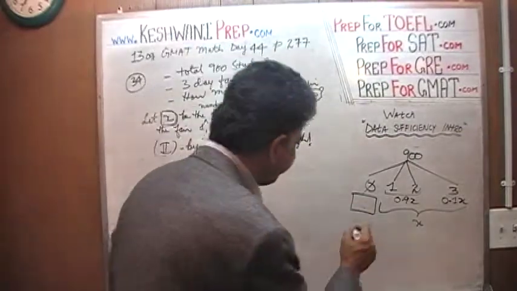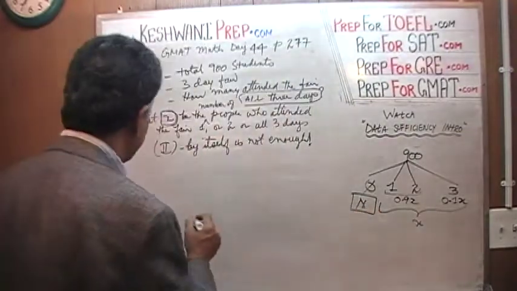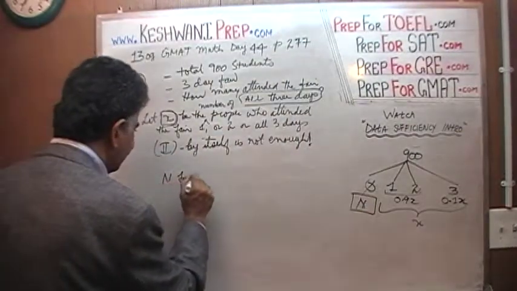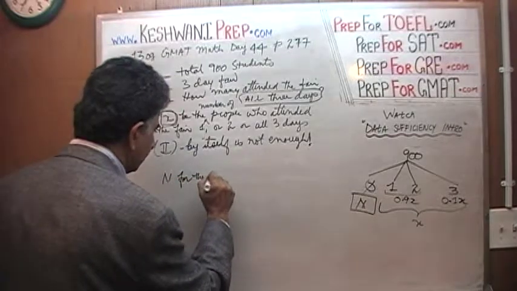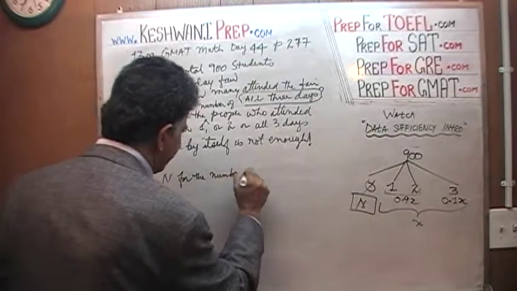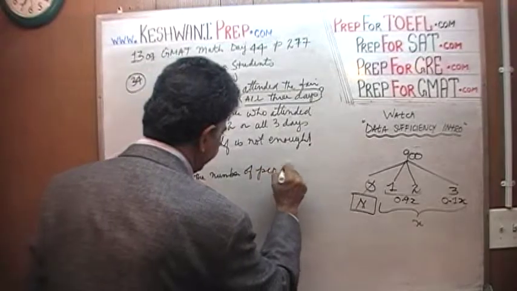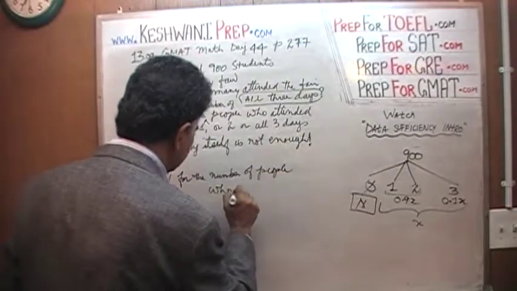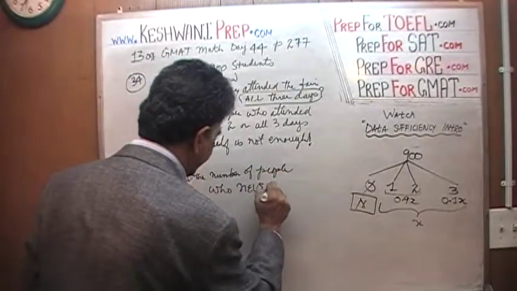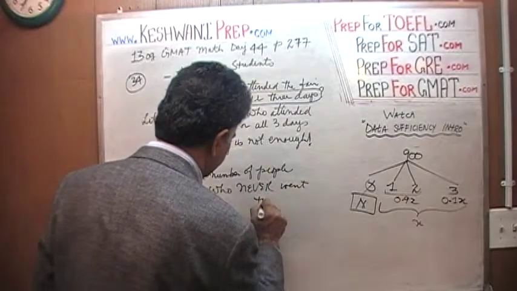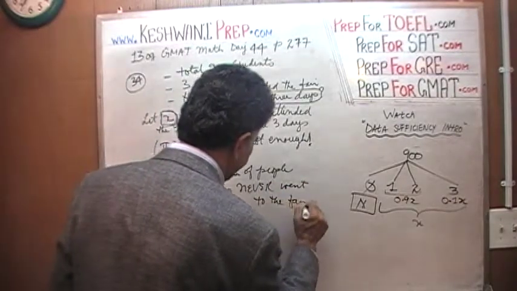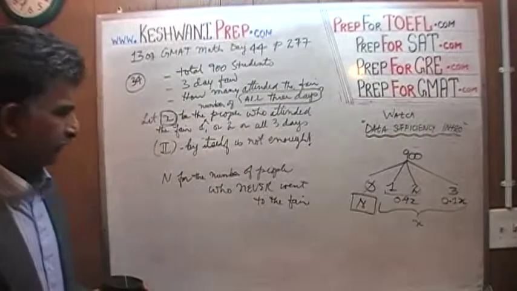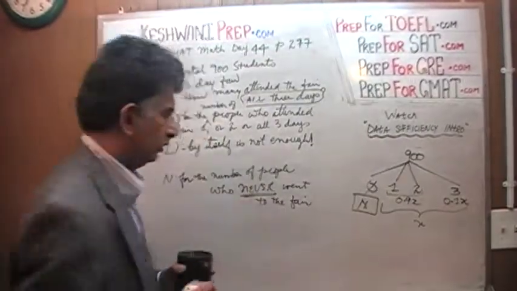Let's call it N. N for the number of people who never went to the fair. N for number of people who never bothered to go.